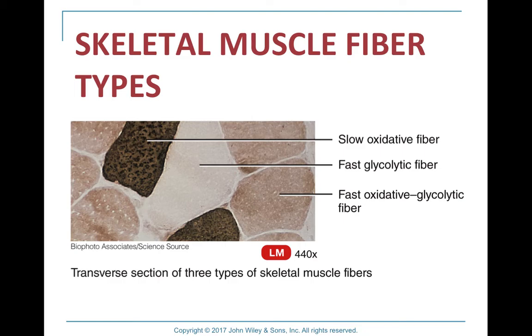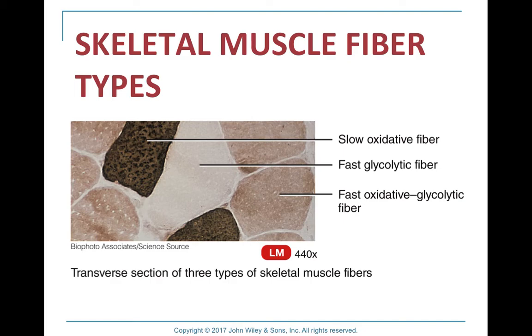Our hemoglobin in our blood provides that dark red color, so the myoglobin has a dark red color because it contains the oxygen. And they're also fatigue resistant, hence why they're good for endurance activities.